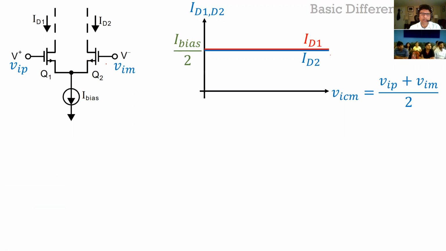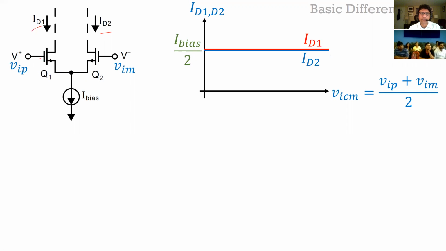In other words, here I had shown the drain current flowing through these two transistors. So ID1, ID2 is shown here as a function of the common mode voltage. Let me just draw this down here. Common mode voltage, which is defined as the two input voltages divided by 2.